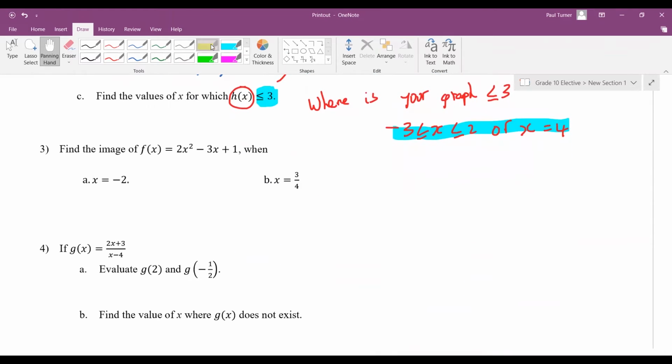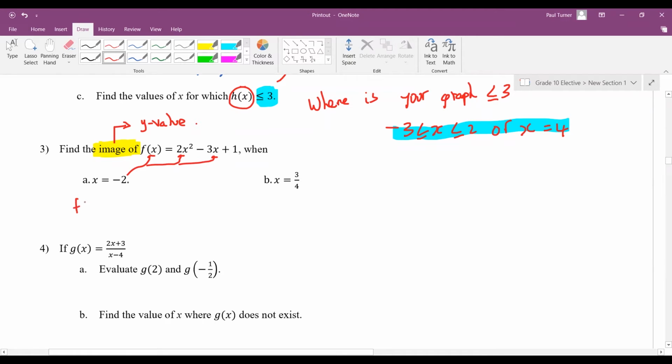Remember what I said about image? Image is the y value of your function. So this is the y value. So here it's saying that x is -2. So you basically take your -2 and substitute in here, here, and here.